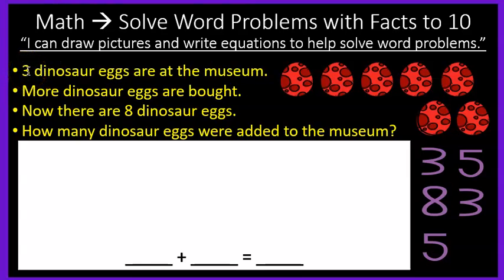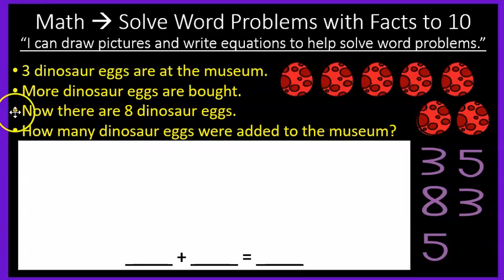Good job. 3, okay? So, let's read the next line. Here we go. More dinosaur eggs are bought. More dinosaur eggs are what? Bought, okay? So they bought more dinosaur eggs.